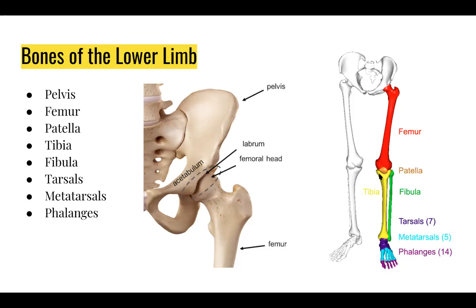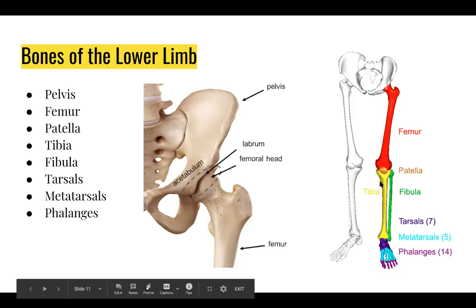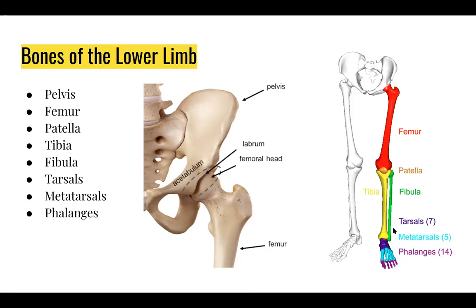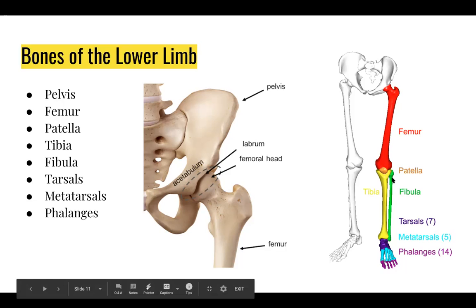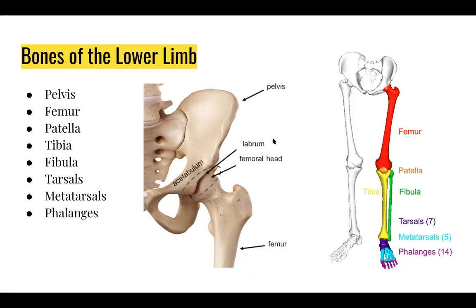Your tibia is the longer, thicker bone under your knee, and it's larger, so it can carry more weight. Your fibula is thinner, and its main job is to stabilize your ankle. Otherwise, it doesn't really do anything, I think. Don't count me on that.